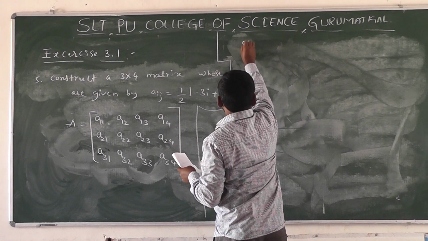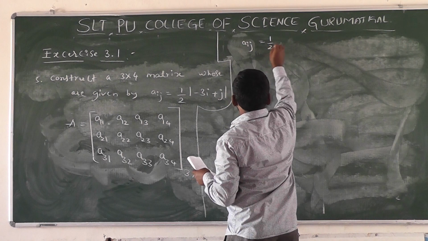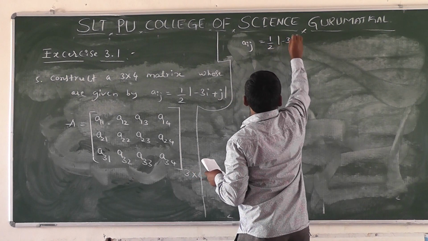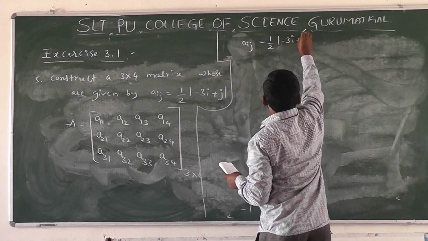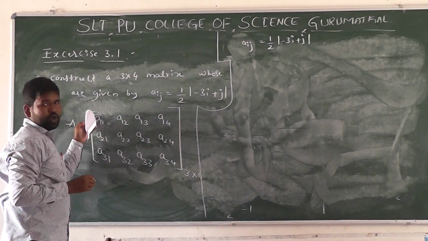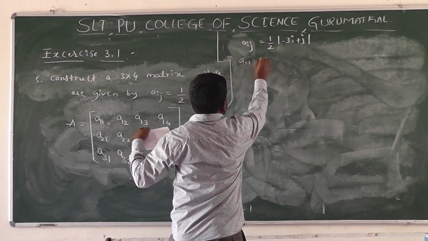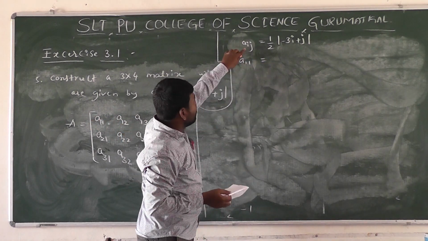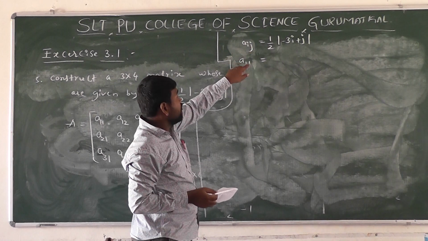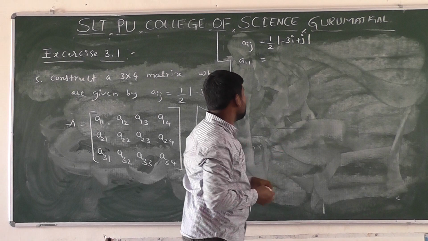First, Aij is equal to, what is given here? 1 by 2 modulus of minus 3i plus j. Here first we have to take the first row, first column element. So the first row, first column, A11. Here what is the row number? 1. And what is the column number? 1. In place of i we have to substitute 1, and in place of j we also have to substitute 1.